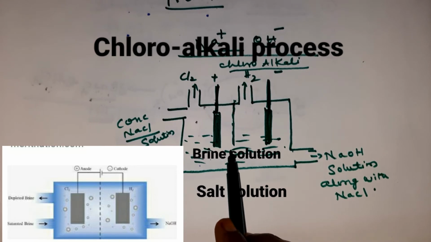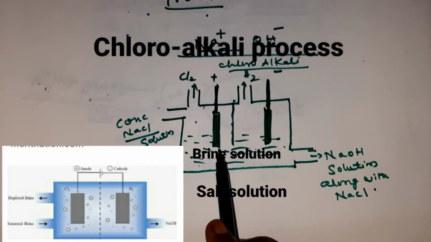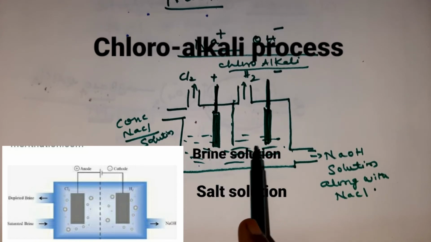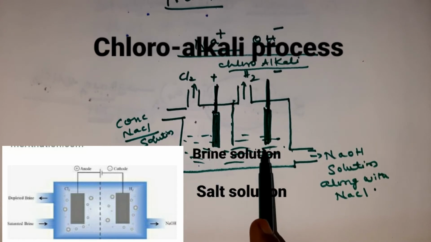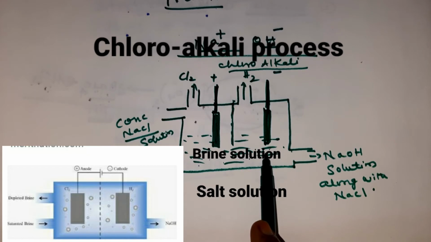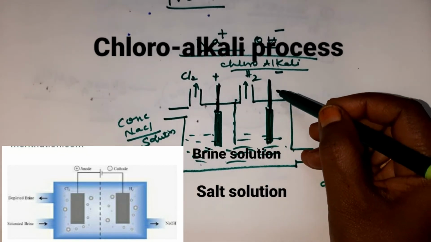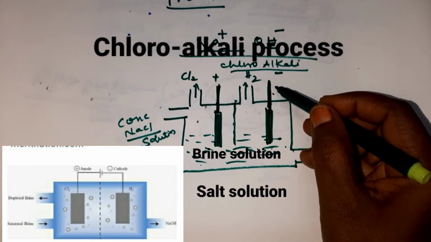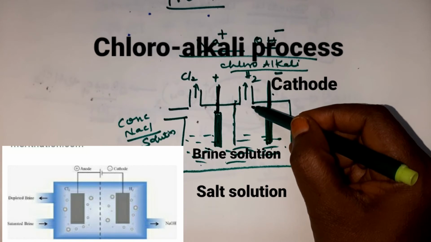In this process, we take salt solution, and when an electric current is passed through this brine solution, sodium chloride will dissociate in the water and forms hydrogen gas at the negative electrode, children. Hydrogen gas will be liberated at the negative electrode, that is the cathode.